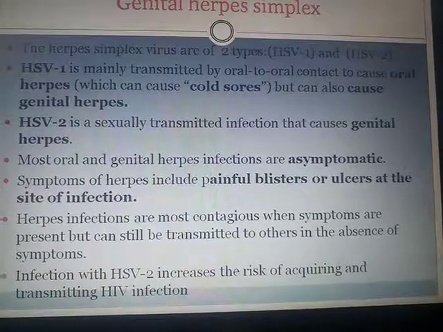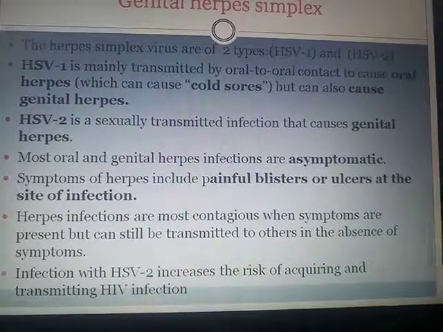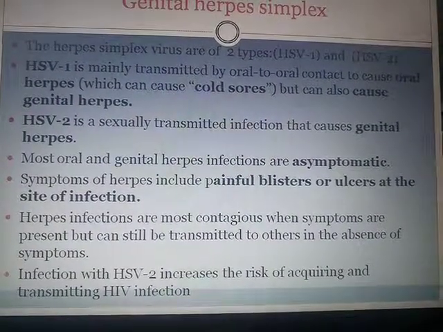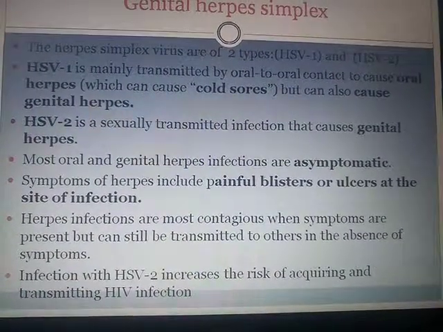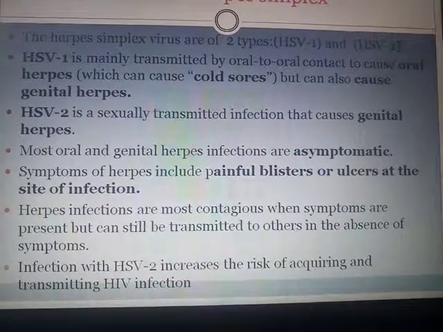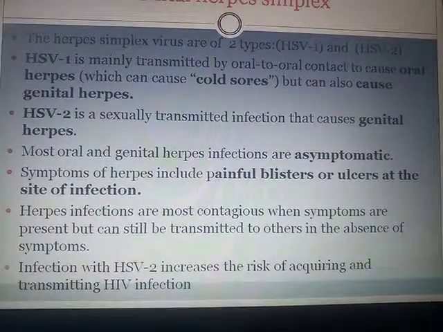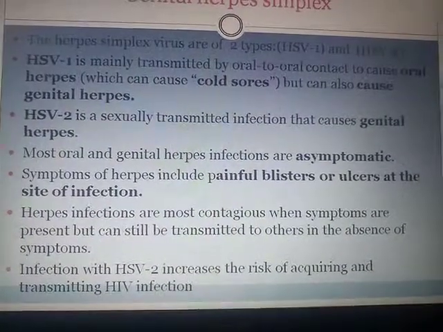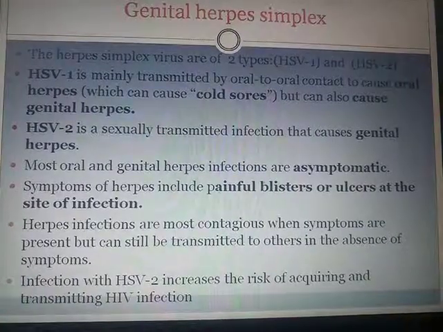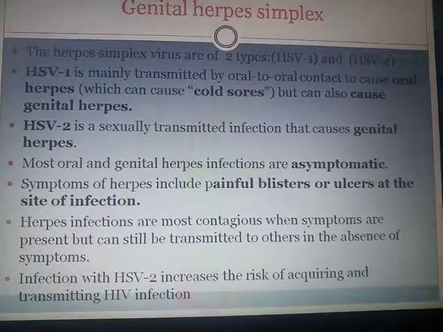Symptoms of herpes include painful blisters or ulcers at the site of infection. Herpes infections are most contagious when symptoms are present, but can still be transmitted to others in the absence of symptoms. Infection with herpes simplex virus 2 increases the risk of acquiring and transmitting HIV infection. So how will you treat this genital herpes simplex infection?